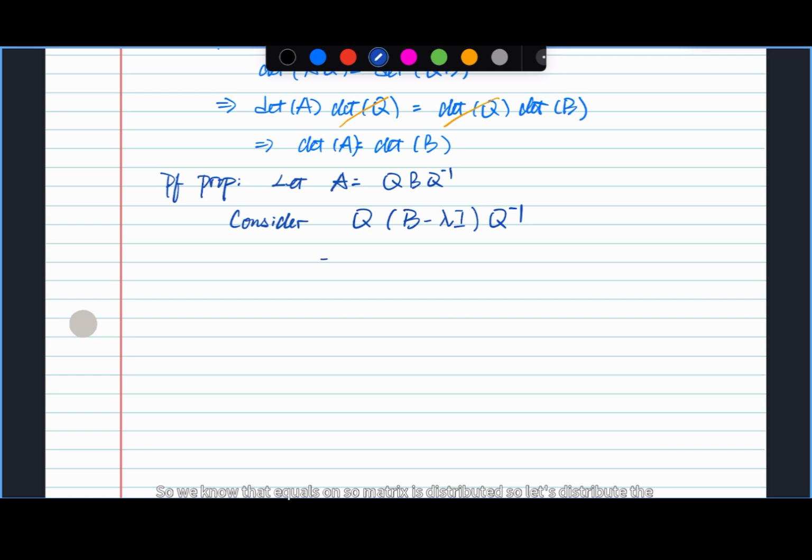So we know that equals, since matrix multiplication is distributive, let's distribute the Q inverse first. So it will be equal to B Q inverse subtract lambda I Q inverse.